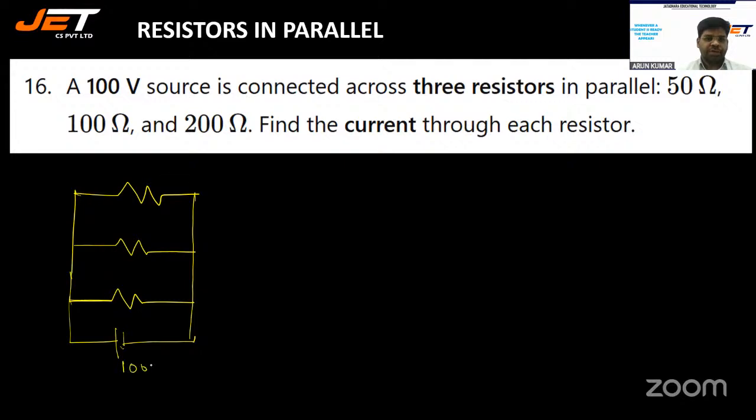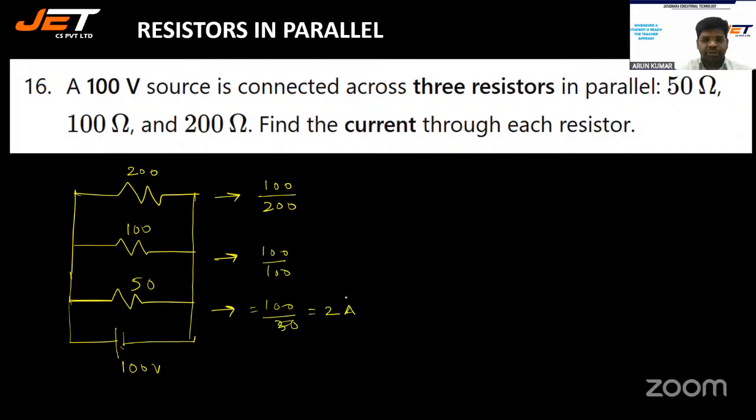So this is a 100-volt battery. This is 50 ohms resistance, 100 ohms resistance, 200 ohm resistance. So current through this could be 100 by 200. Current through this should be 100 by 100. Current through this would be 100 by 50, which is 2 amperes, 1 ampere, half ampere.